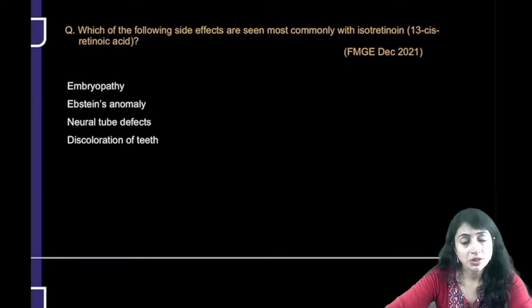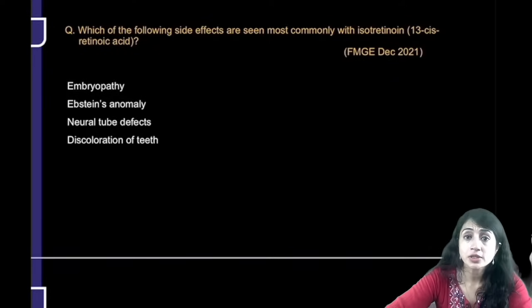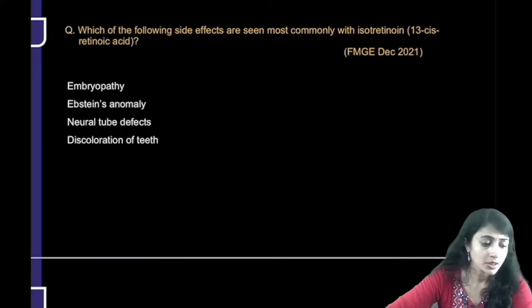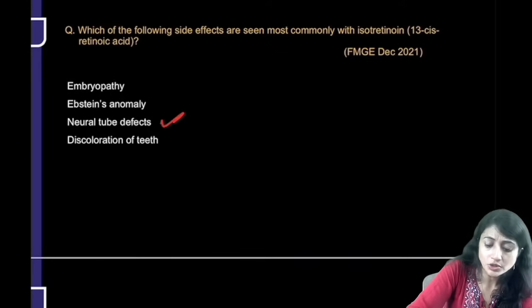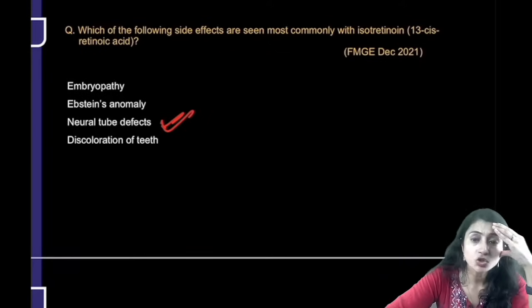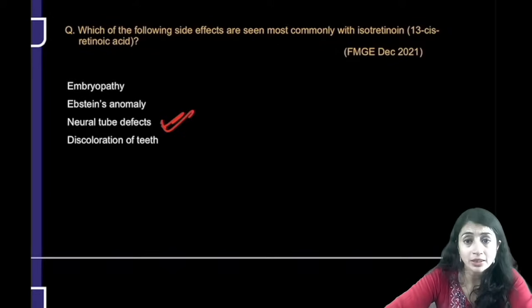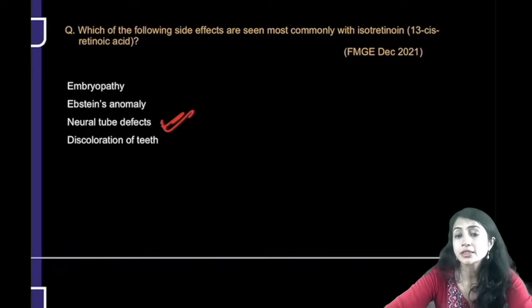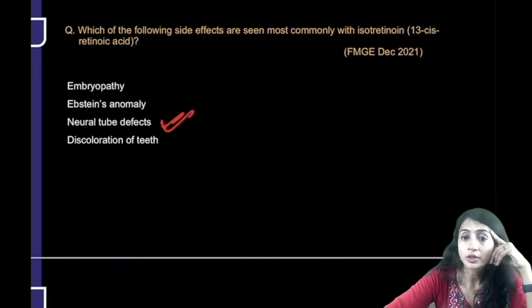However, if that patient takes it, we go for abortions. Why? Because it causes fetal side effects. So what are these fetal side effects? The most common, yes, you're right, is neural tube defect. That is why we counsel the patient and tell them that the child may have NTD, and so the patient may opt for abortion.